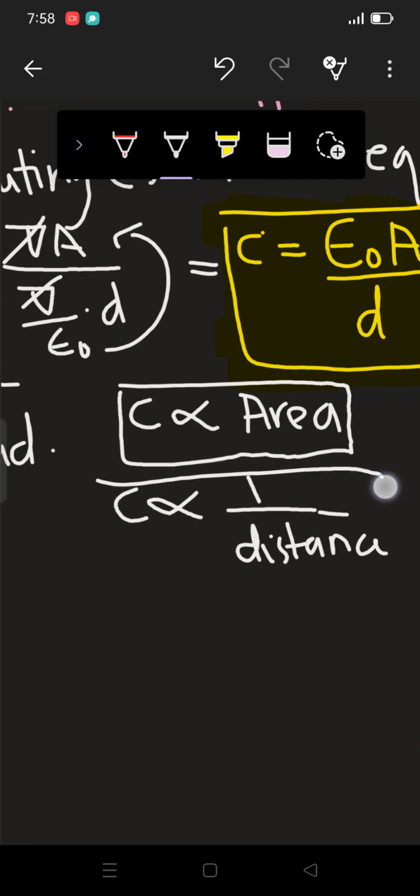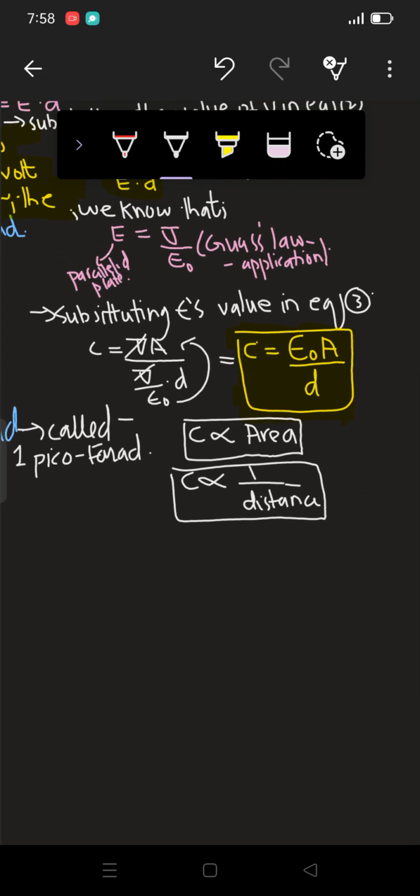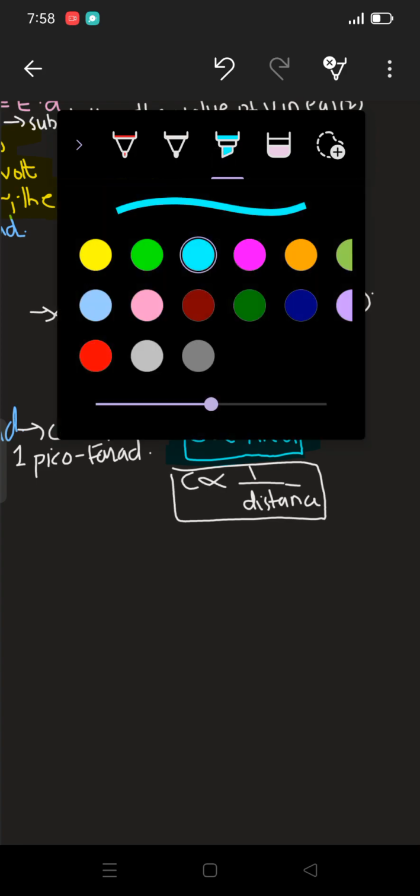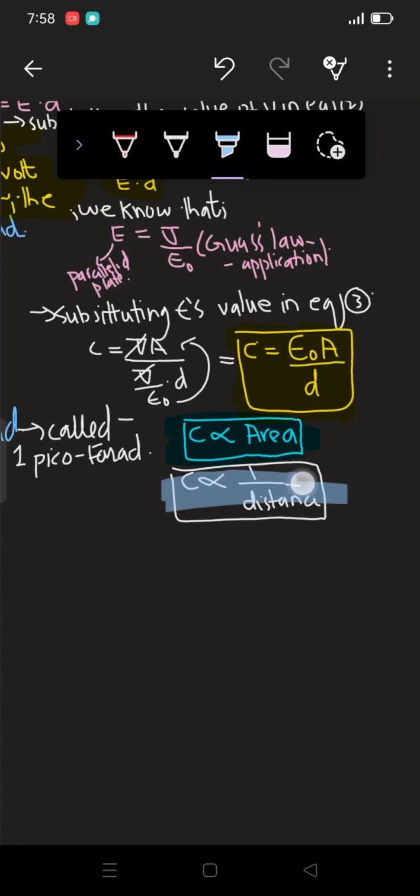We initially learned that the capacitance of a capacitor depends on 3 things: the area of the plates, the distance between the plates, and the material of the medium between the plates, right? Now we have got that capacitance is directly proportional to the area of the plates and inversely proportional to the distance between the plates.